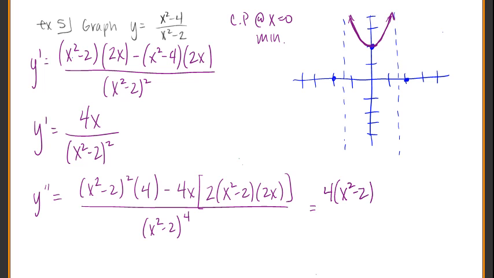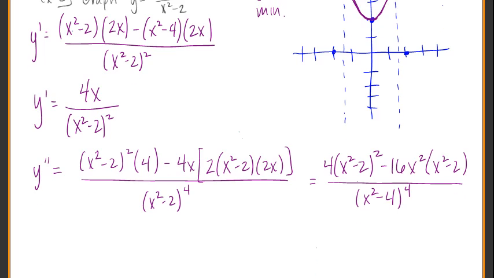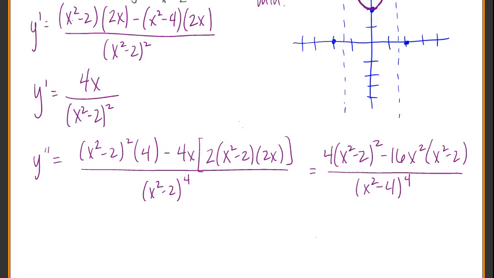Let's see, 2 times 2 is 4 times 2 is 16, so minus 16x squared times x squared minus 2, all over that denominator squared. Okay. And when we set this equal to 0, so we can find our points of inflection, we're just going to focus on the top. So 4 times x squared minus 2 squared minus 16x squared times x squared minus 2.